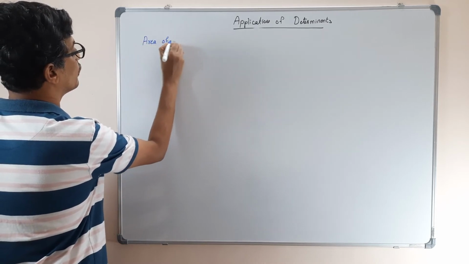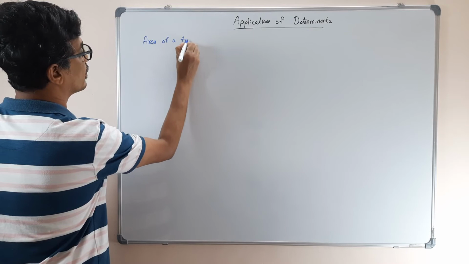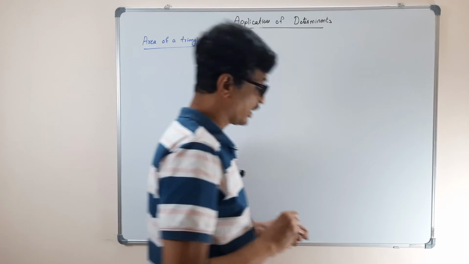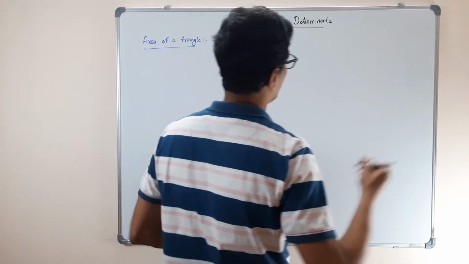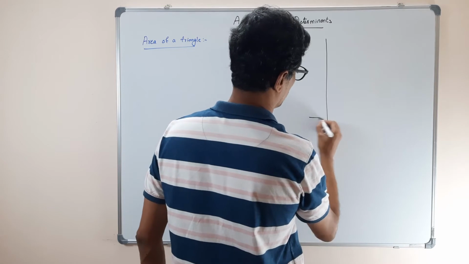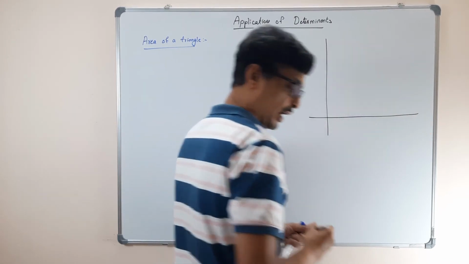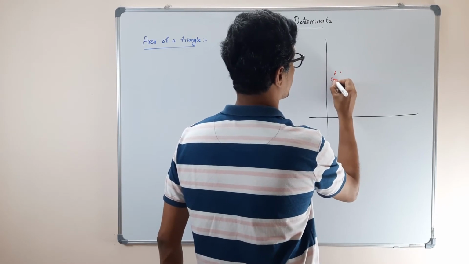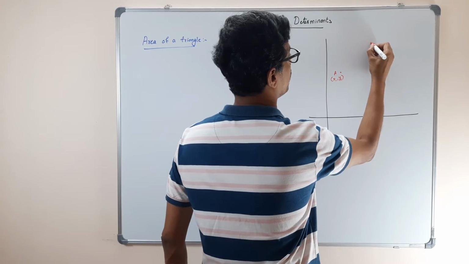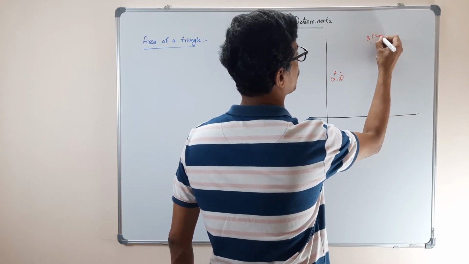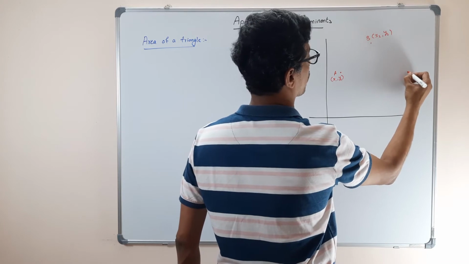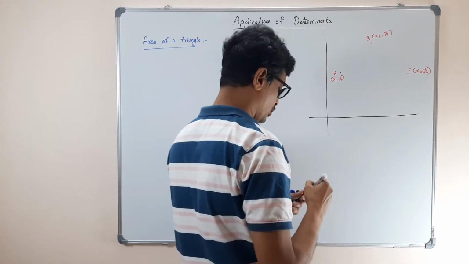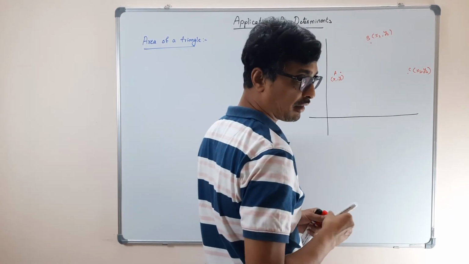Suppose you have this coordinate system, and I am having 3 points, say A, which is x1 comma y1, maybe B, which is x2 comma y2, and another point may be C, that is x3 comma y3. So joining these 3 points is going to give you a triangle.